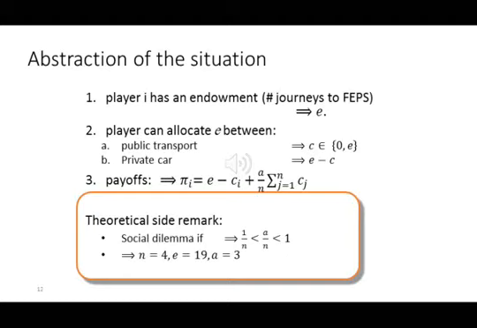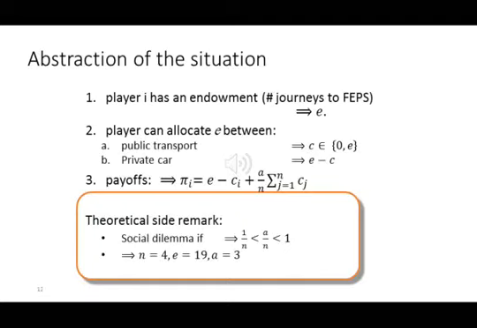He is going to get a return, which is the MPCR, the marginal per capita return, which could be any number. In our previous example, it was 0.4. It is A over N, where A is a parameter that differs from one experiment to another, divided by N, the number of individuals going to FEPS.